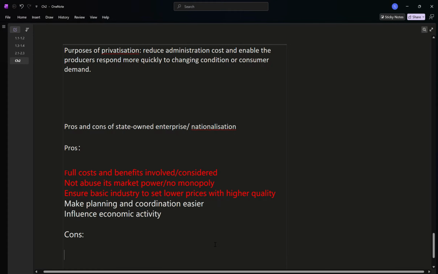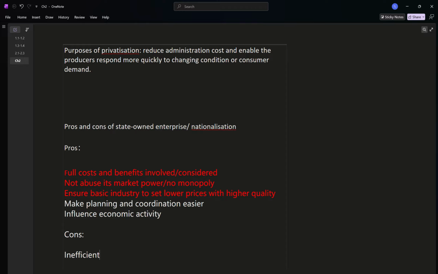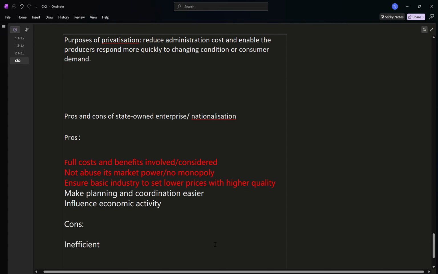What about the cons? So as I said, there are a lot of annoying procedures in state-owned enterprise. First thing, it might be inefficient.